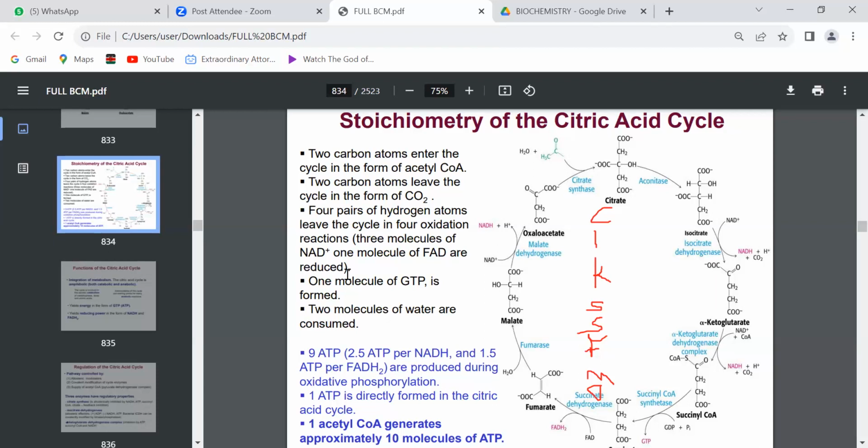Because you're breaking down carbohydrates, but then in the intermediates, you can see at some points we are coming from a smaller molecule and creating a bigger molecule. So it can be both anabolic and catabolic.